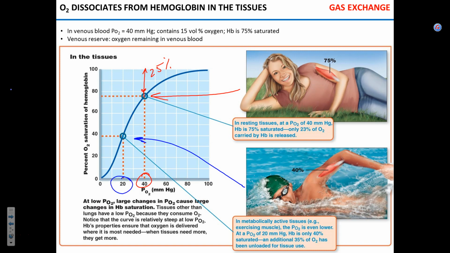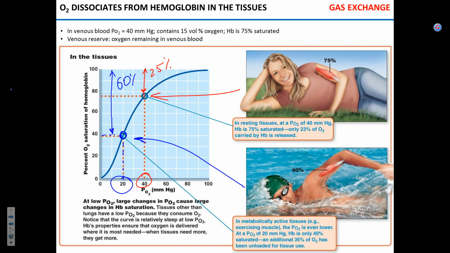So this is the partial pressure of oxygen in the muscles of that gentleman. It's 20. What is the hemoglobin saturation at 20? 40. What's the unloading? 60.